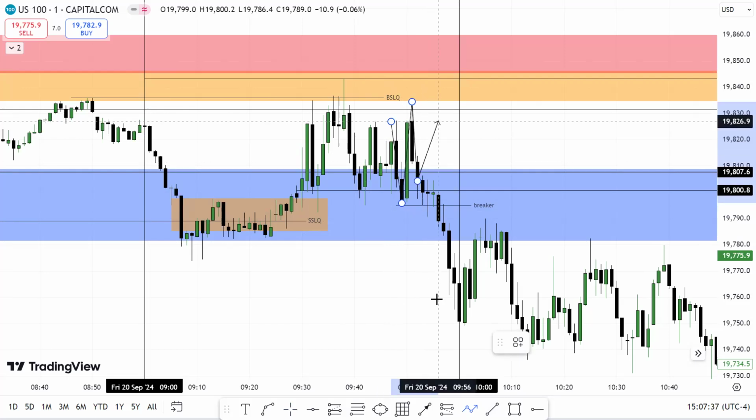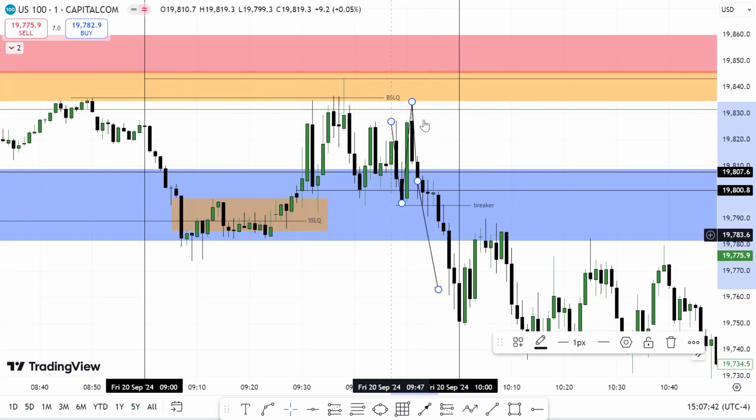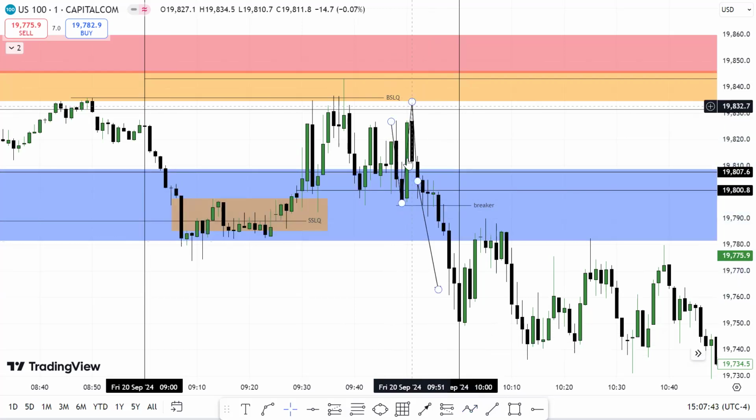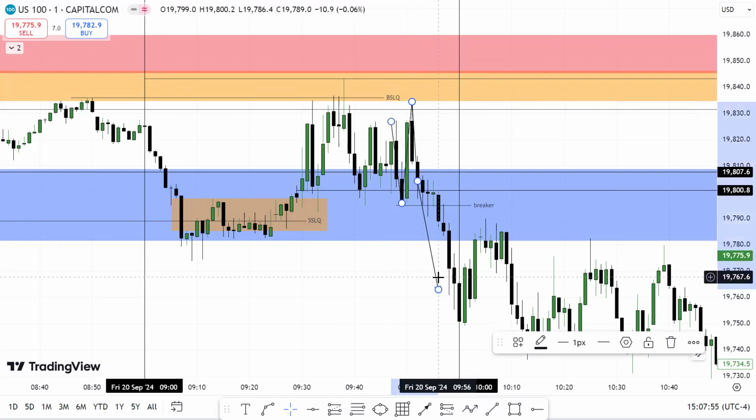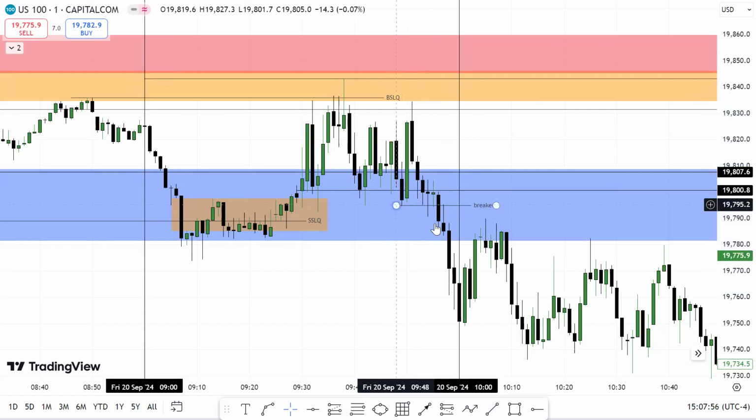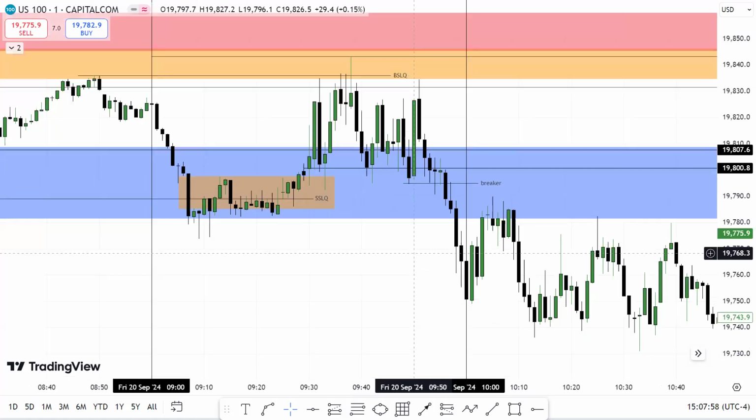But see what happened: it broke through this. So once we have a higher high, say after a low, and this high here is higher than the previous high, this candlestick here becomes the breaker. That's not really compulsory for you to know for now; we're just having a preview and review of what happened.